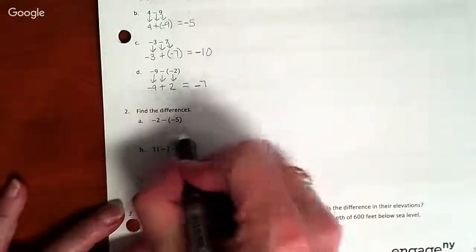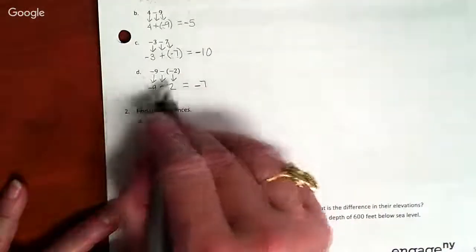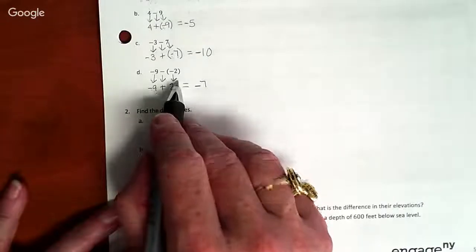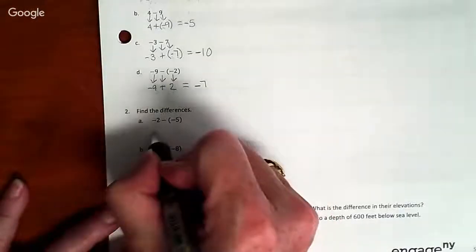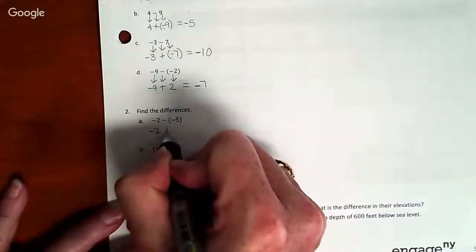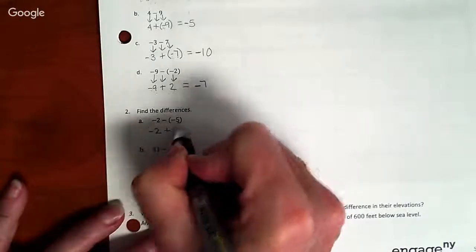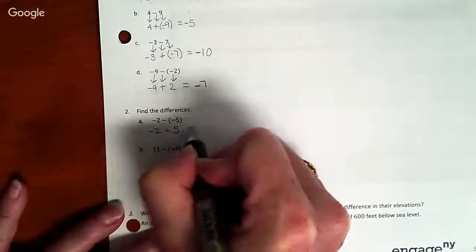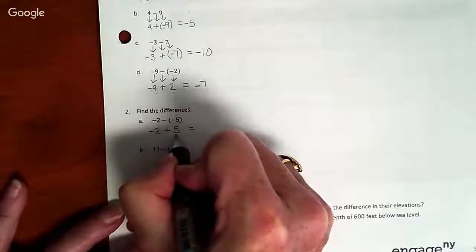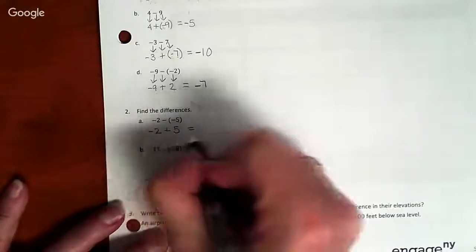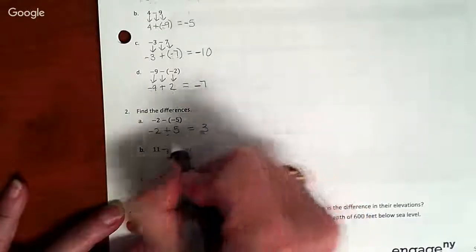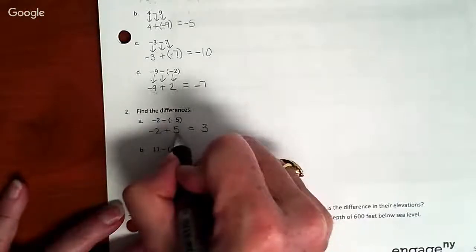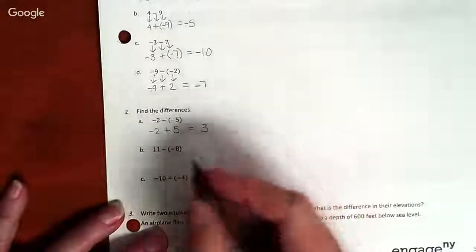To find the differences here, we are going to do the same thing. I'm not going to do them with the arrows now, but you should. So -2 plus the opposite of -5, which is 5. My signs are opposite. For addition, I subtract my two numbers and get 3. 5 is larger. Its sign is positive. So is my answer.